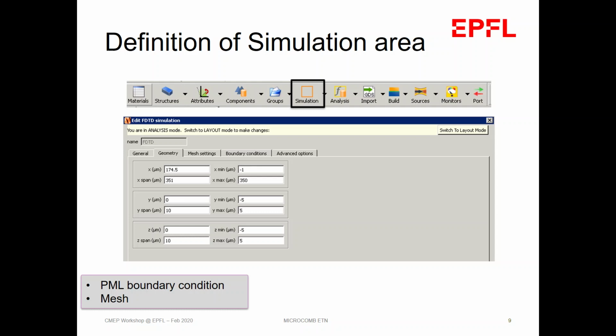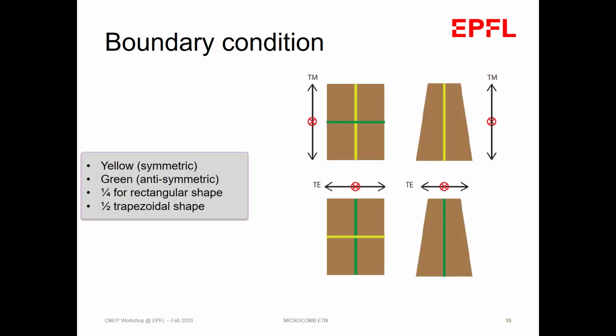We use this PML boundary condition, and for the mesh we use a very coarse mesh size. Then, as we mentioned, we can reduce the simulation region: if you have a rectangular structure, you can reduce your simulation to a quarter by using a symmetric or anti-symmetric boundary condition. For the trapezoidal, in our case.